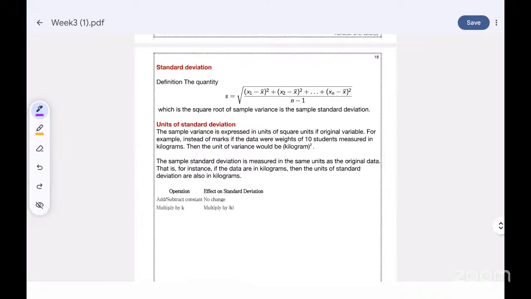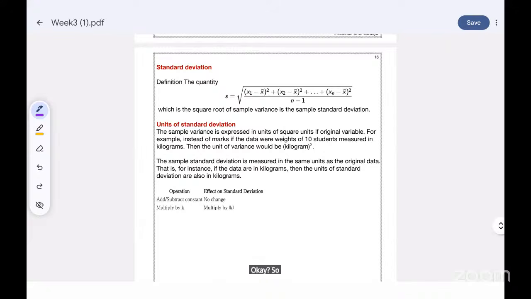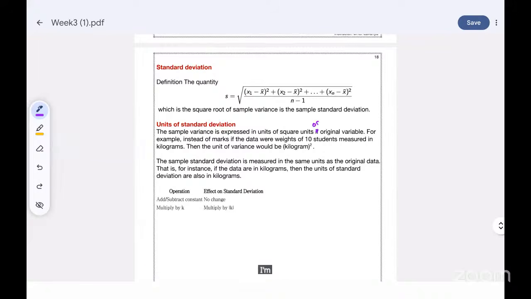The next thing is, what is standard deviation? Standard deviation is nothing but the square root of the sample variance.